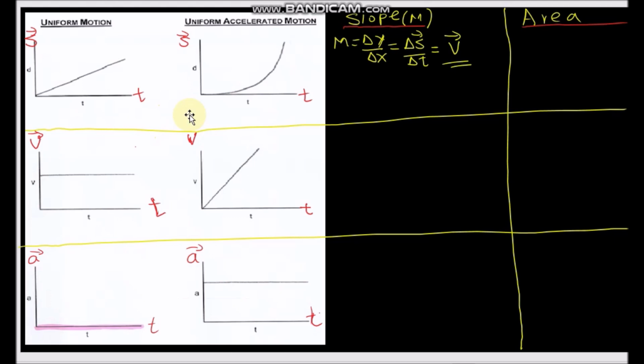So the slope of the displacement time graph gives the velocity. What about the area? Area is given by base times height. The base is the time and the height is the displacement. In physics, do you have any formula for that, t times x? Nothing. So no area.